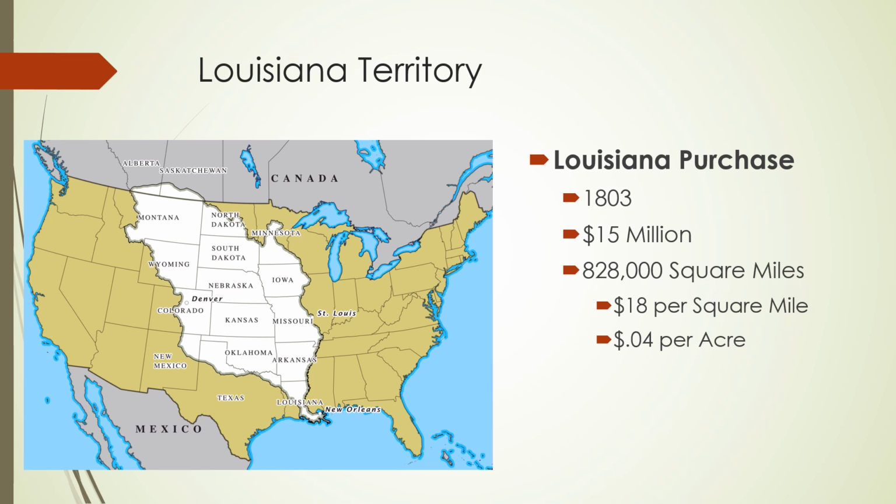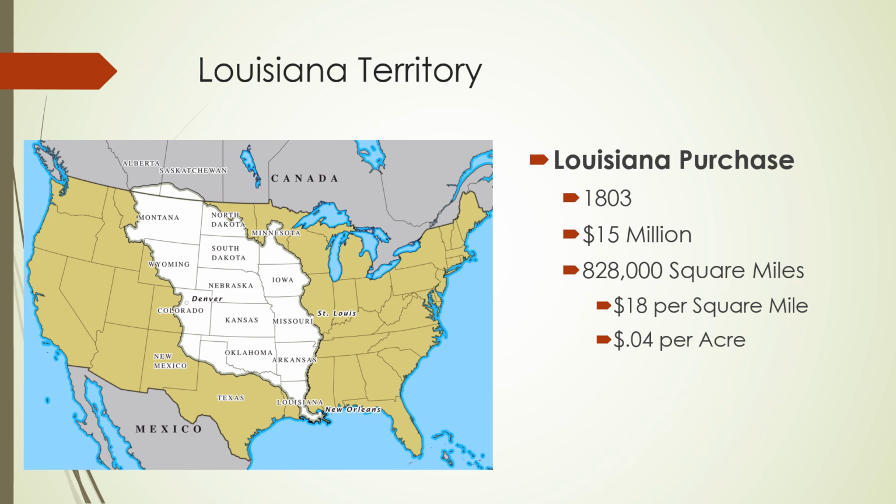At the same time, if you recall from our last section, we had a treaty with Spain called the Pinckney Treaty that allowed us to access the Mississippi River through New Orleans. Well, that has gone back to France. And so Jefferson approaches Napoleon. Remember, Jefferson is pro-France.